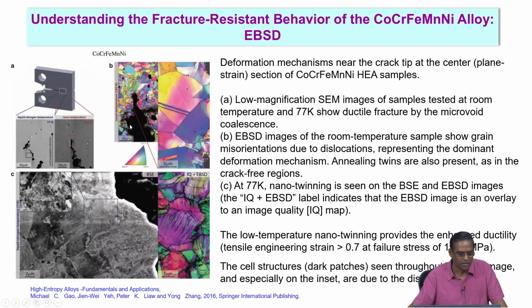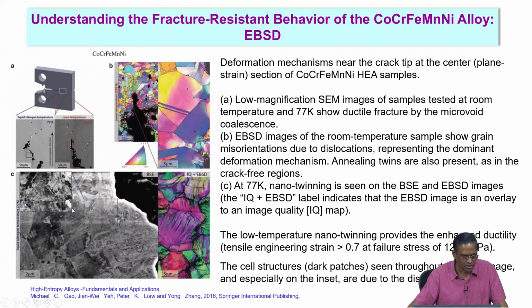And the same region is now marked by an EBSD map, and you can see that a small rectangle here is zoomed into this EBSD map. We will look at these details one by one. What you are seeing at the bottom is the BSE image, and the BSE image has been zoomed from this region.